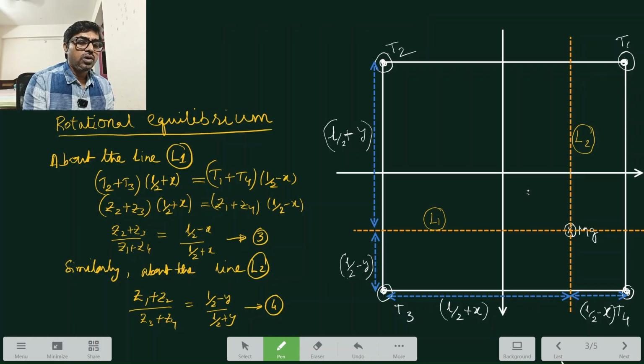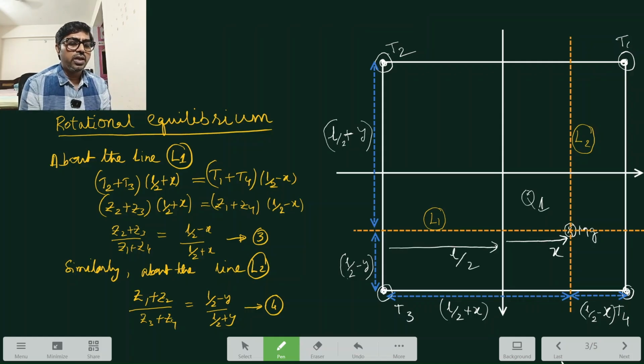So in the first quadrant, if a point is there, then x is positive and y is also positive. If this is x, then this has to be L by 2 anyway. So the total distance will be L by 2 plus x, and automatically the other will be L by 2 minus x. That is understood.